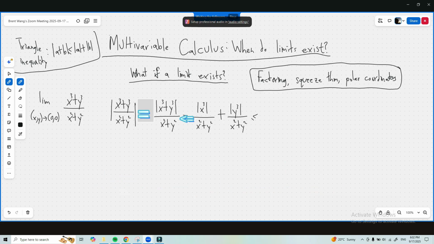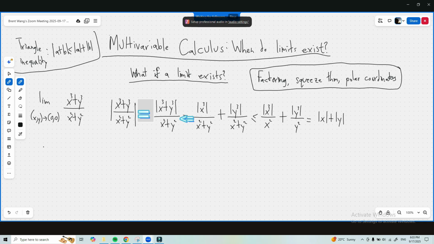This is less than or equal to the absolute value of x cubed over x squared, because removing y squared gives you a smaller denominator value. And similar concept here, y cubed over, remove the x squared, so you're just left with y squared. And this is equal to absolute value x plus absolute value y.